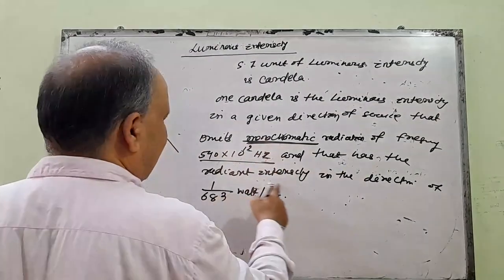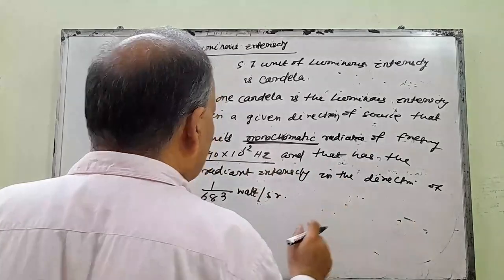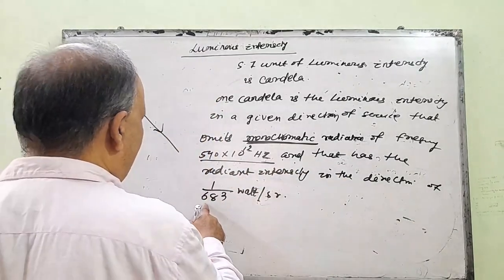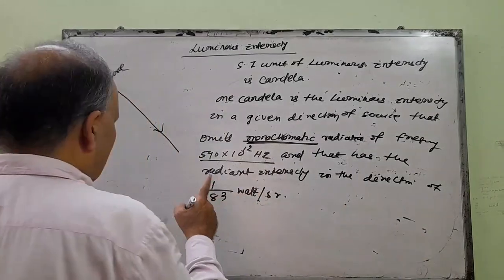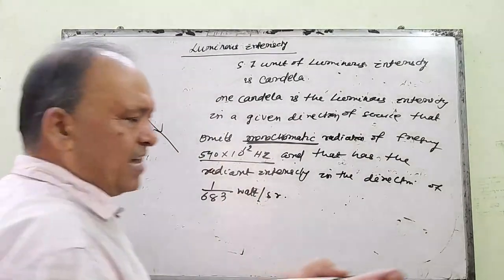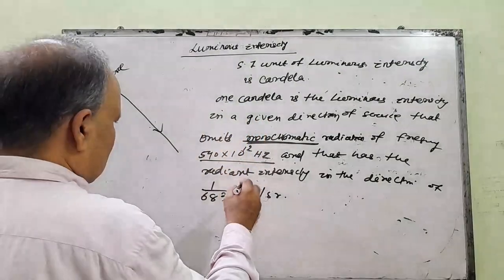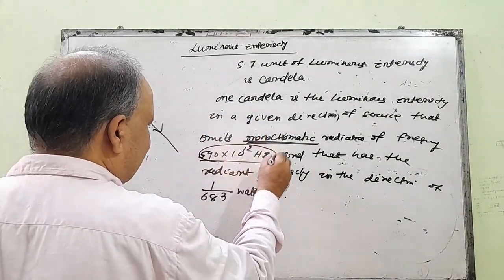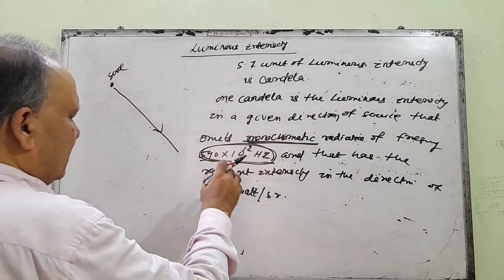And that is the radiant intensity. This radiation has an intensity in the direction of 1 by 683 watt per steradian. Per steradian, you know steradian is the solid angle.